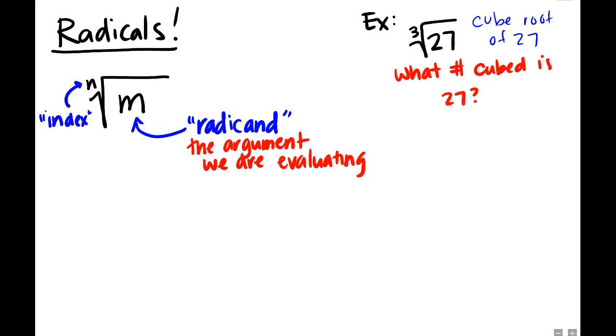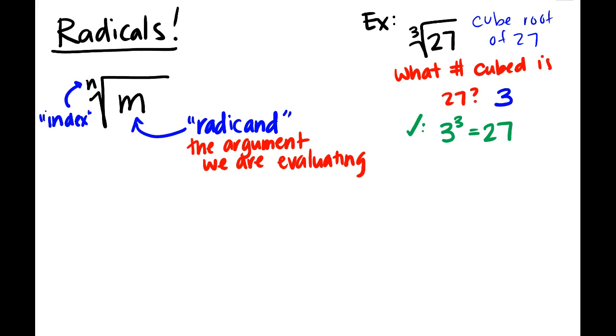Essentially, our radicals are the opposite of our powers, our exponents. So what number cubed is 27? Well, the answer here would be 3. And we could double check our work by saying 3 to the third power is equal to 27. We could also do this in a calculator to verify.